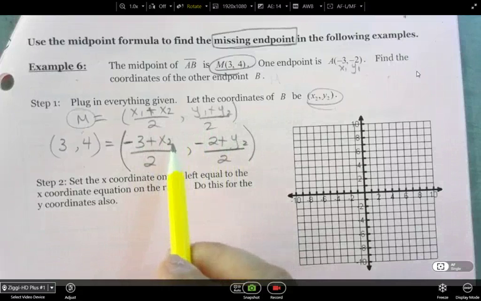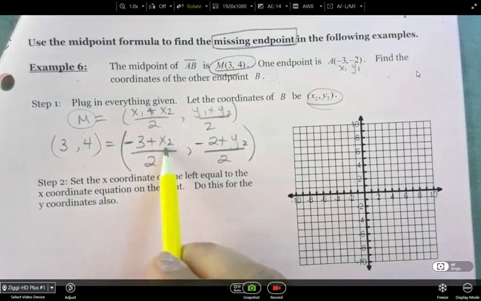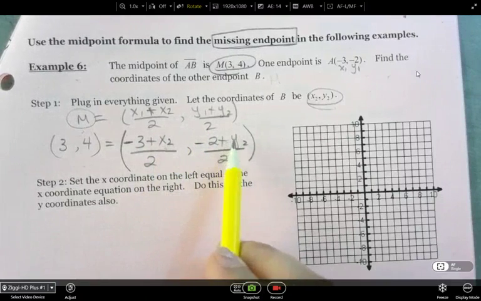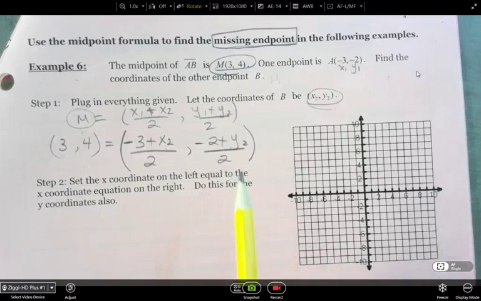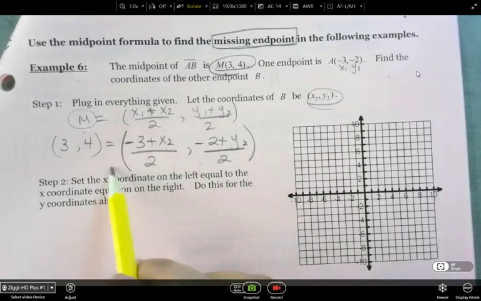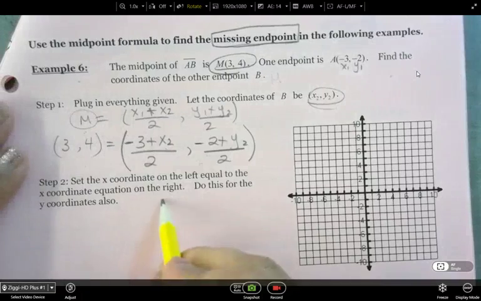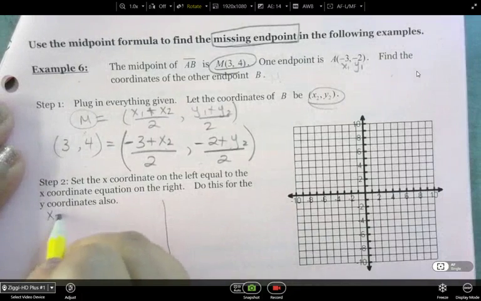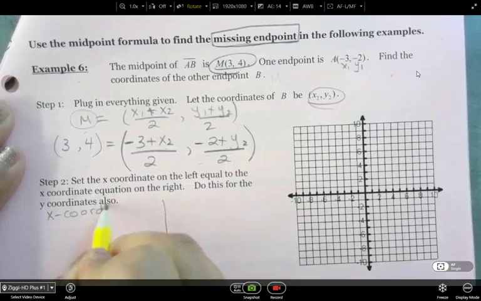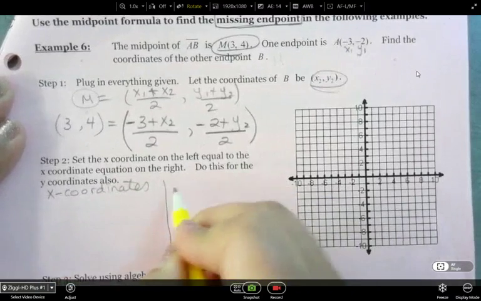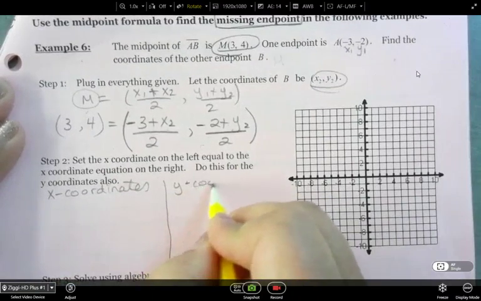But I'm missing the x2 value and the y2 value. So what I need to figure out is what x2 and y2 values will satisfy this setup. But it's a point equaling a point. How do I deal with that algebraically? Set it up so you've got the x coordinates, and set it up so that you have the y coordinates.